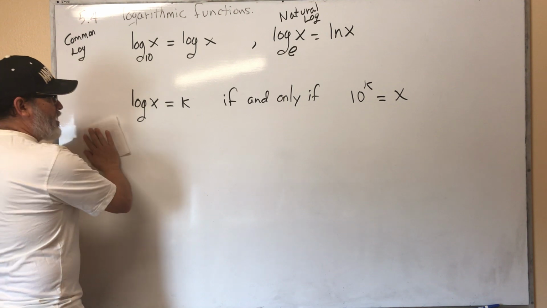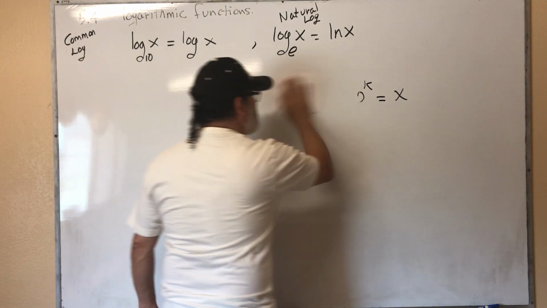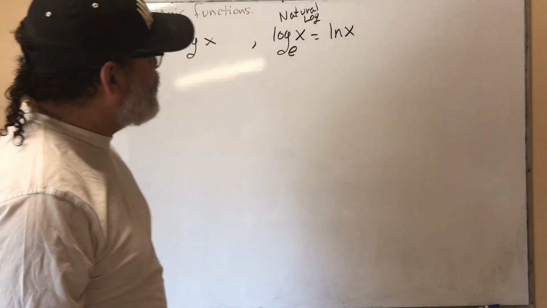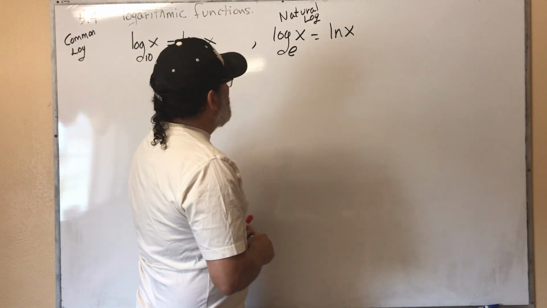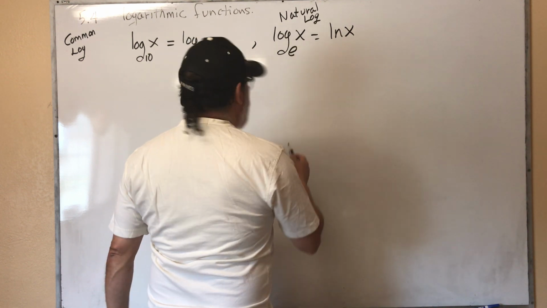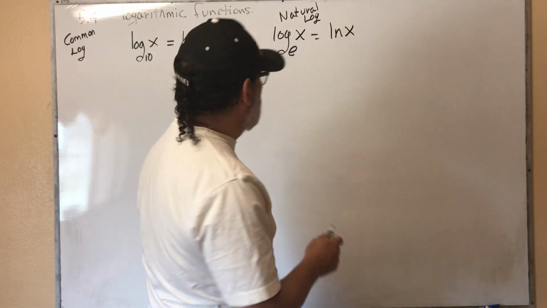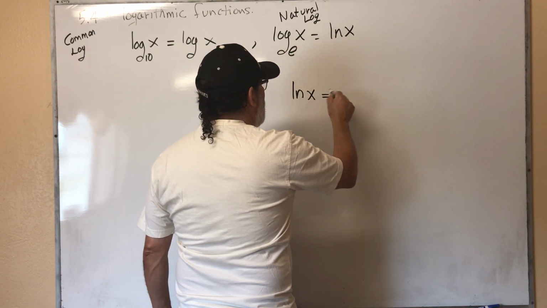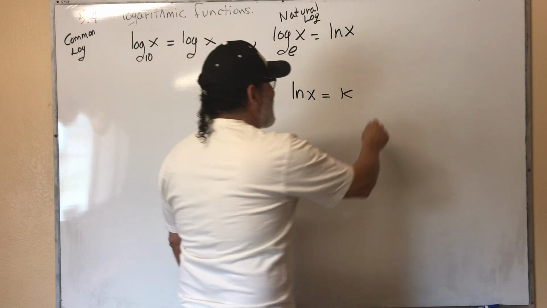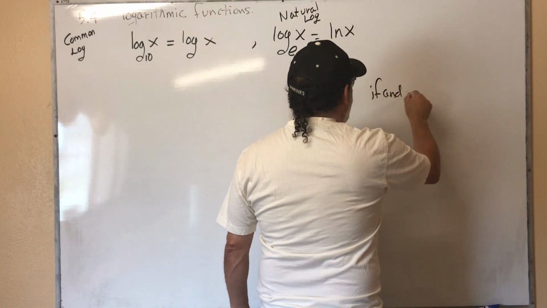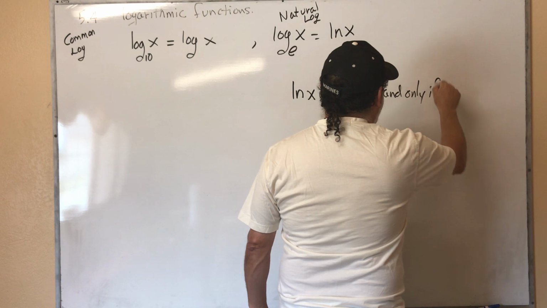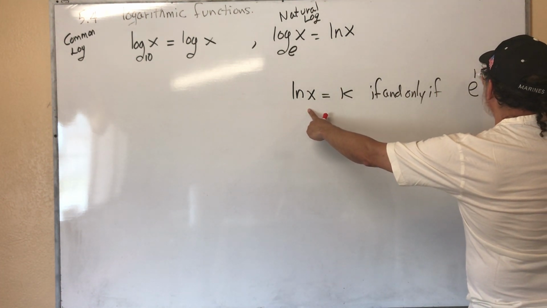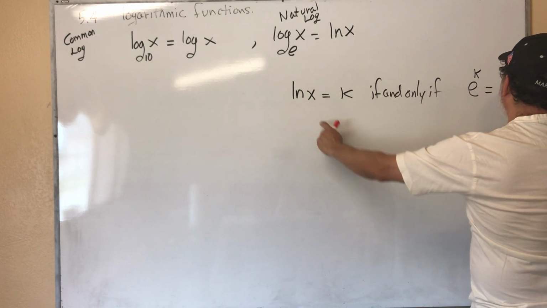Good class, I gotta erase this, I need the room. By the way, you could do the same thing with this one. You can say ln of x equals k if and only if e to the k equals x.